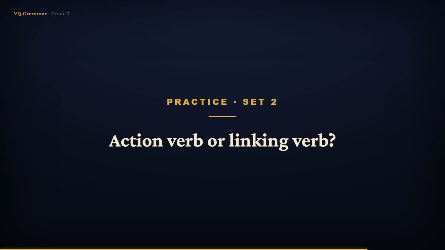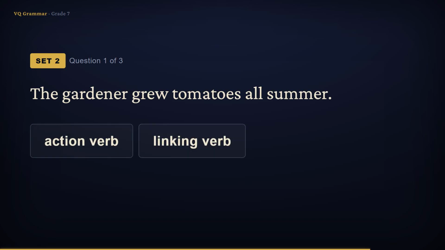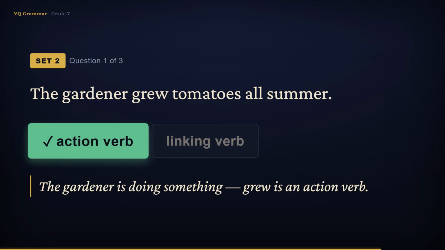Pause and decide before I answer. The gardener grew tomatoes all summer. Try the test. The gardener seems tomatoes. That makes no sense. Here, the gardener is actually doing something, growing the tomatoes. So grew is an action verb. So the answer is action verb.